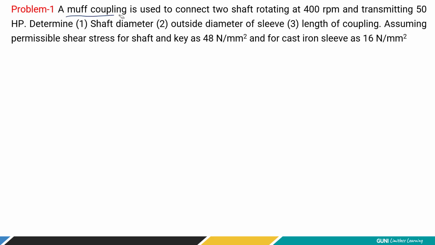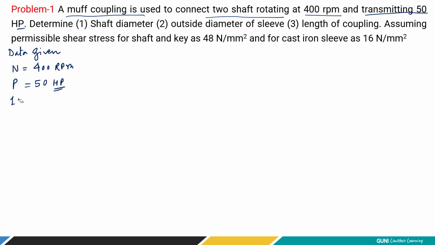A muff coupling is used to connect two shafts rotating at 400 RPM. First, write down like this: data given. RPM is 400, and it transmits 50 horsepower. So power is given as 50, but the value is in British units, HP.